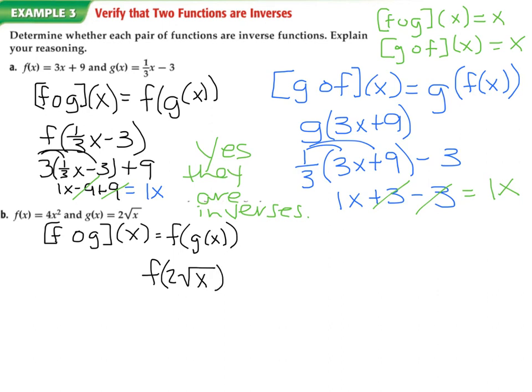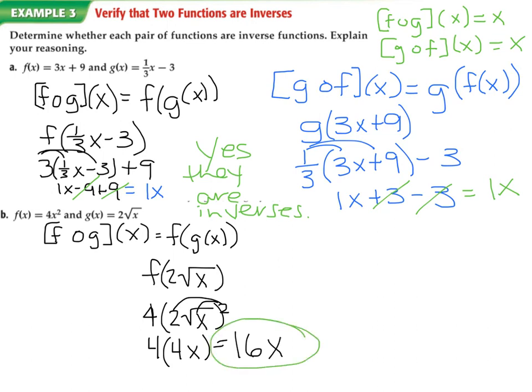Then we plug in for our f, so we have 4 times 2 square root x, squared. If we distribute that squared, we're going to have 4 times 4x, which equals 16x. Now, we don't even need to do the second step because, as we can see here, this does not equal x. And according to the key concept, it must equal x. So these are not inverses.